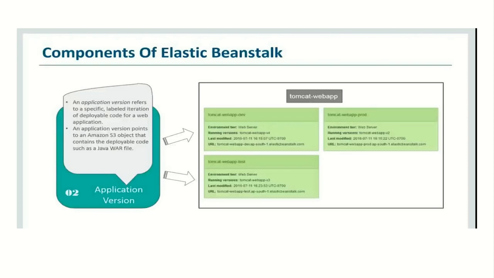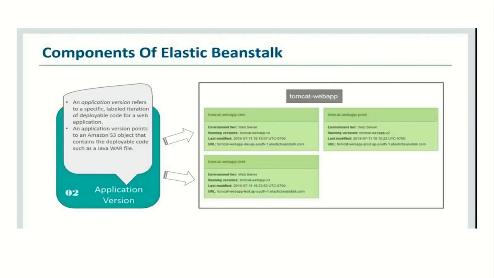Now let's try to understand each of these components one by one. We have something called application version. We have written a code, stored it in a file, and deployed this code on Elastic Beanstalk, and our application has been successfully launched.